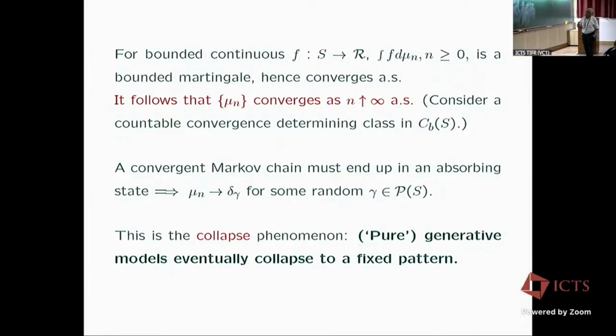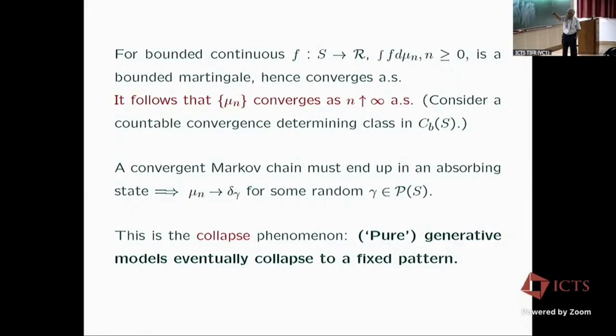You can see that for bounded continuous f, just by construction, the integral of f d mu n is a bounded martingale, so it will converge almost surely. You can take f from a countable convergence determining class, which always exists, and therefore mu n itself converges almost surely. And we have a Markov chain which converges almost surely, so it has to go to an absorbing state. That means mu n is going to some random measure gamma.